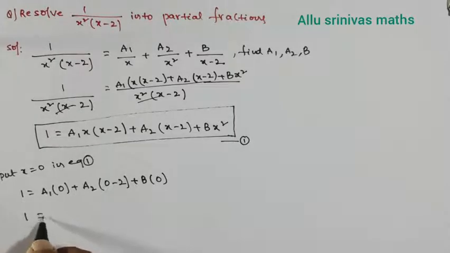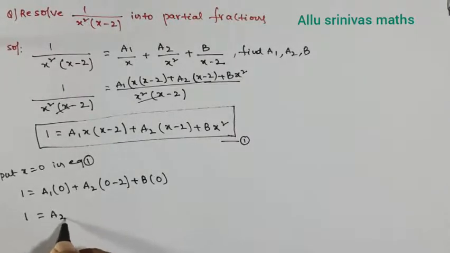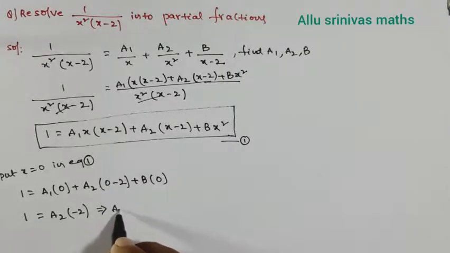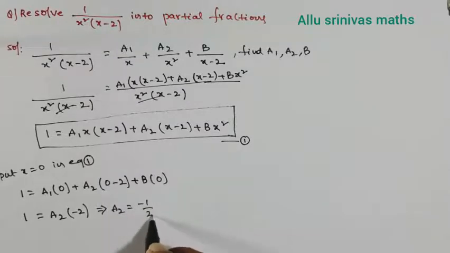Finally 1 equals 0 minus 2, that is minus 2 a2. Minus 2 sent to the RHS side, then a2 equals minus 1 by 2. This is the required value.